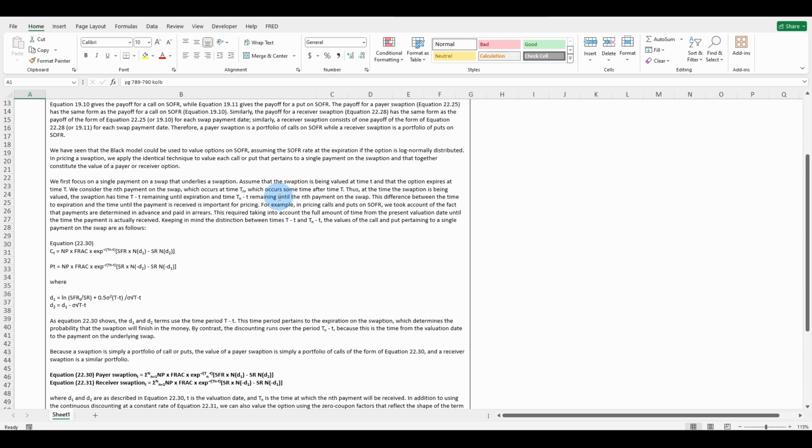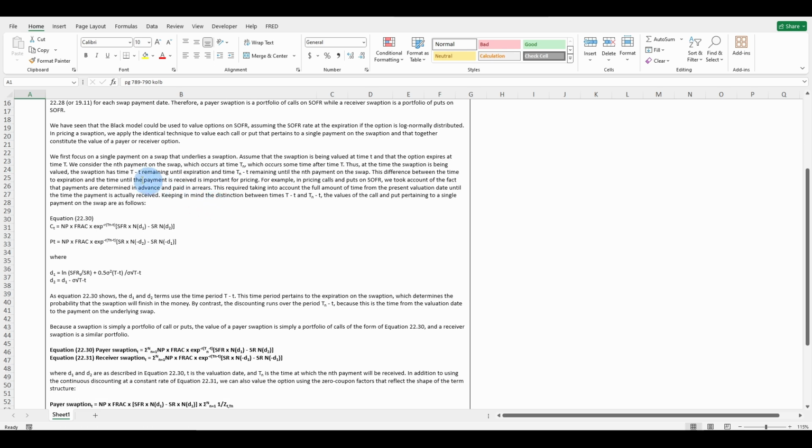In pricing a swaption, we apply the identical technique to value each call or put that pertains to a single payment on the swaption, and that together constitute the value of a payer or receiver option. We first focus on a single payment on a swap that underlies a swaption.